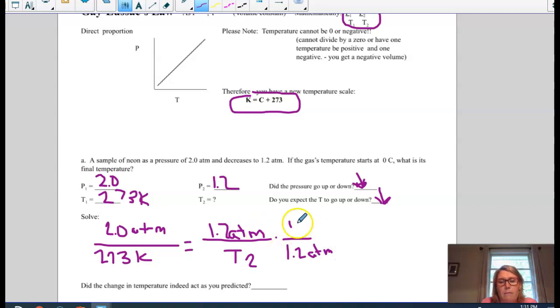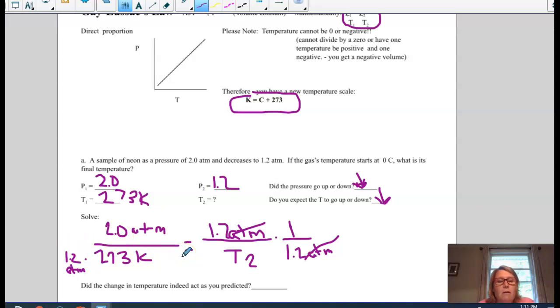Then I cross out the units. That cancels out. So now I have 1 over T2 is equal to 2.0 divided by 1.2 times 273.